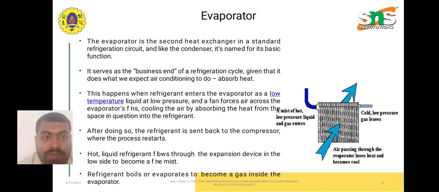This happens when refrigerant enters the evaporator as a low temperature liquid at low pressure, and the fan forces the air across the evaporator fins, cooling the air by absorbing the heat from the space in question into the refrigerant. After doing so, the refrigerant is sent back to the compressor where the process restarts. Hot liquid refrigerant flows through the expansion device in the low side to become a fine mist. Refrigerant boils or evaporates to become a gas inside the evaporator.